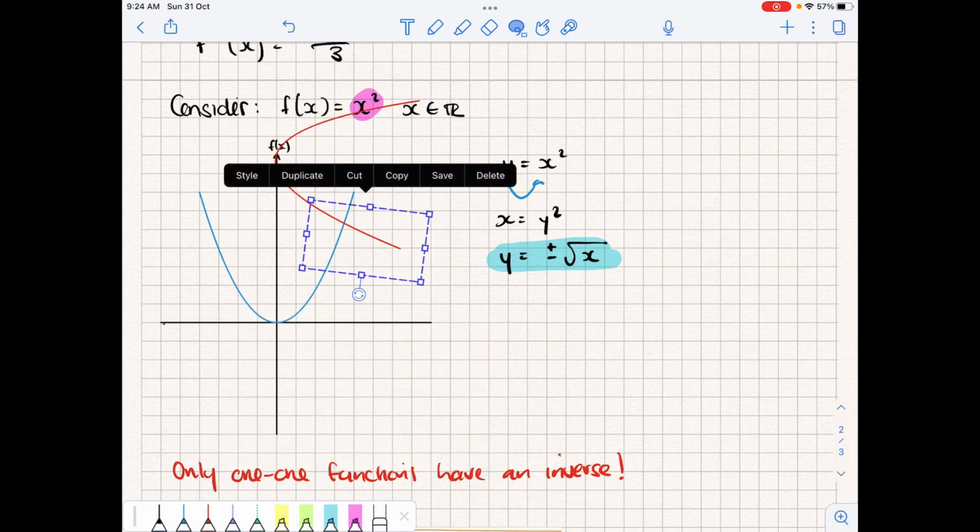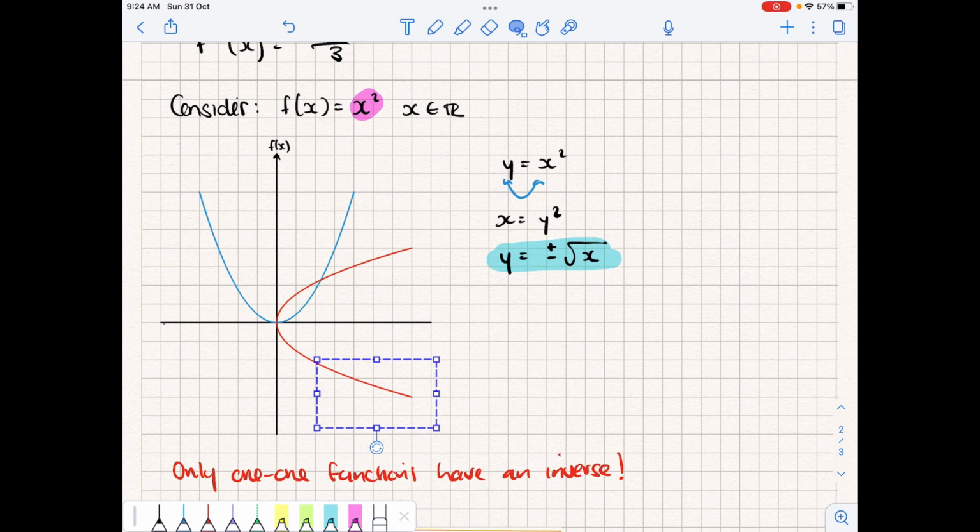And this is what the inverse function of x squared would look like. This isn't a function, this is a relationship. This would be plus or minus the square root of x. You'll notice that we have now created a one-to-many mapping, and that doesn't satisfy the condition for a function.